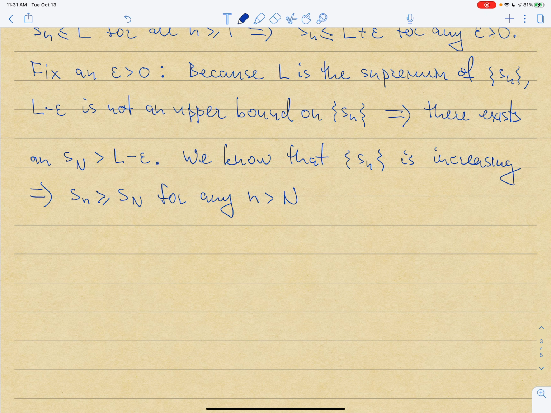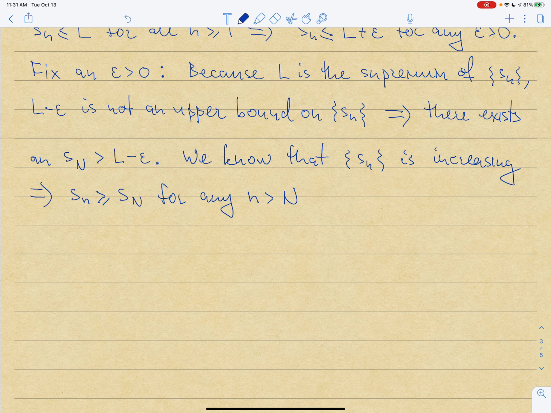If the sequence goes up, then subsequent terms are going to be larger than the previous terms. So if I take S with any index larger than capital N, because the sequence is increasing, I expect that S little n is greater or equal than S big N.